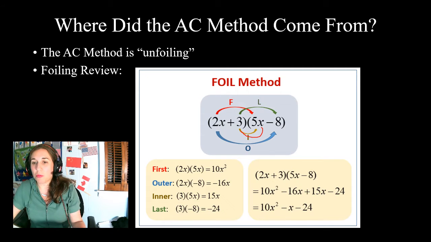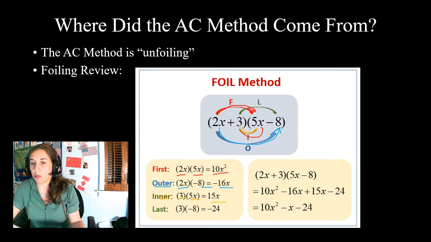When you multiply out your firsts, that's 2x times 5x, which gave you 10x squared. When you multiplied the outers, that was 2x times negative 8, which gave us negative 16x. When you multiplied the inners, that was 3 times 5x, which gave us 15x.